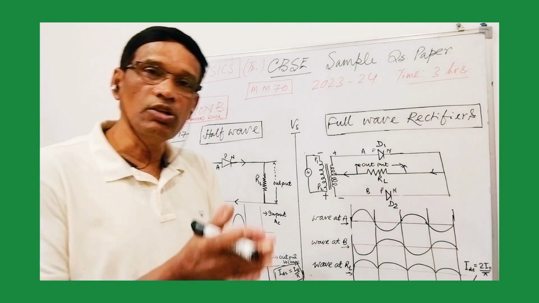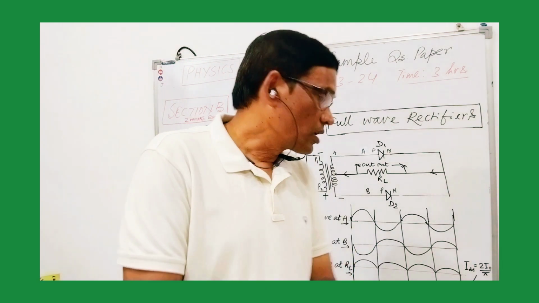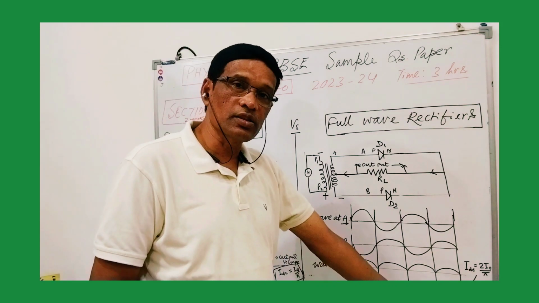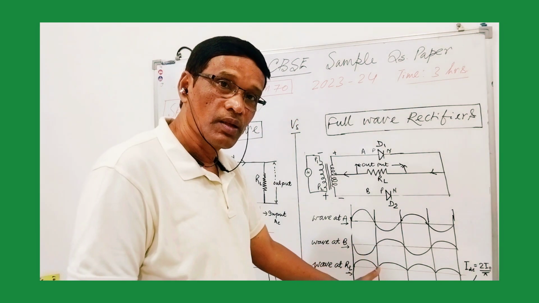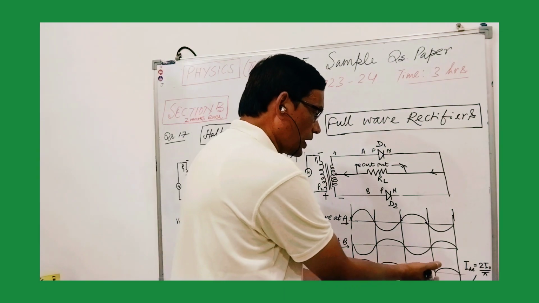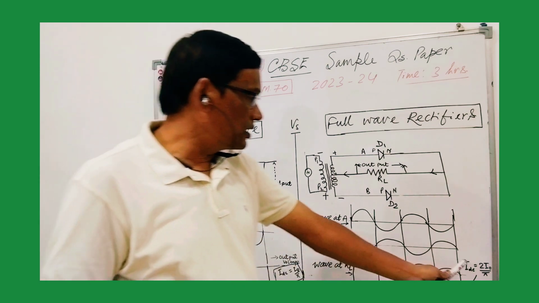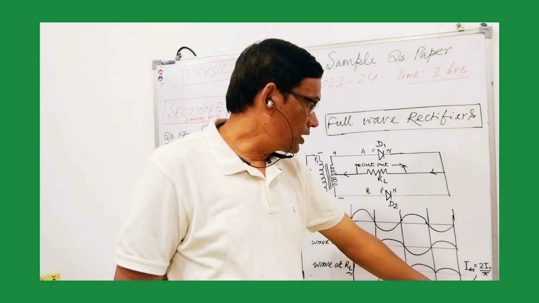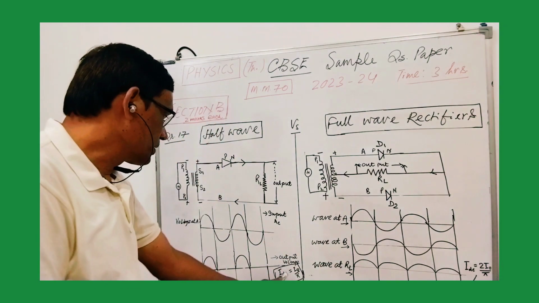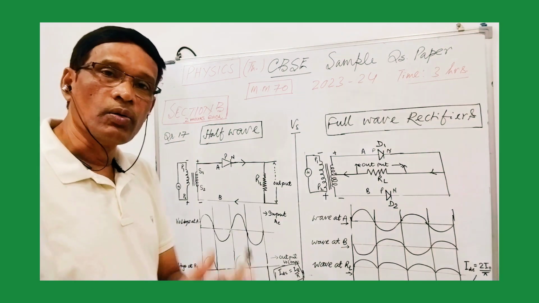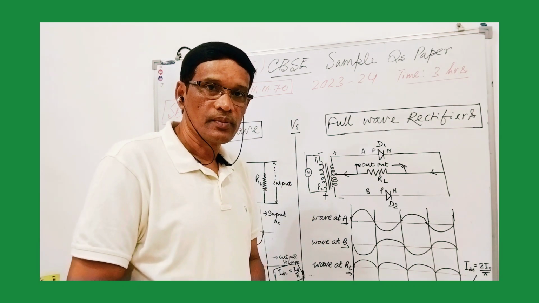That means you will be getting the alternating signal converted to a direct signal, with the positive side obtained always. That means IDC will be approximately equal to 2 times I0 upon pi, whereas for half wave rectifiers you got I0 upon pi.